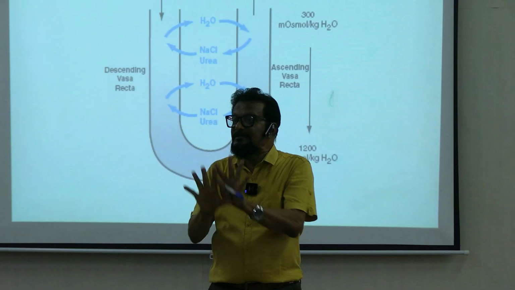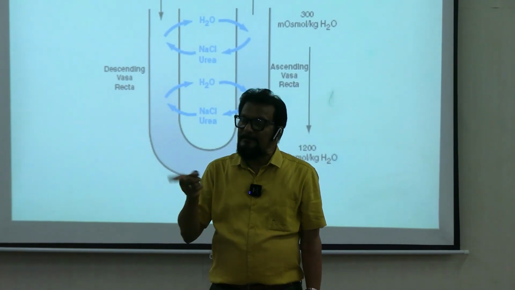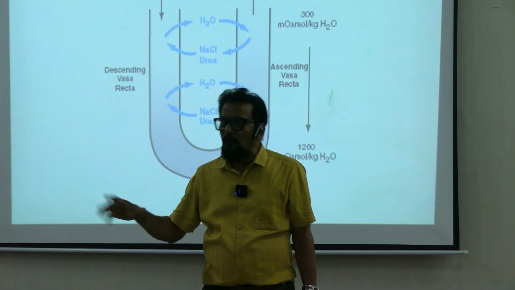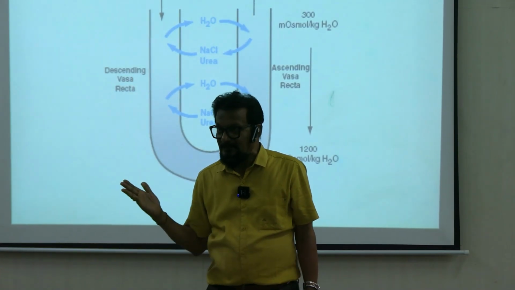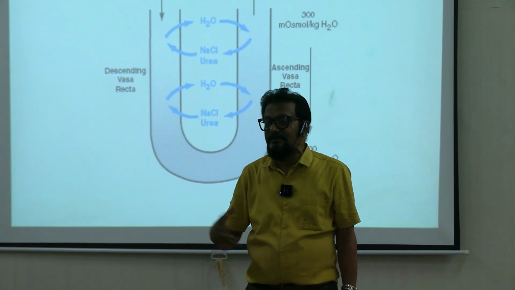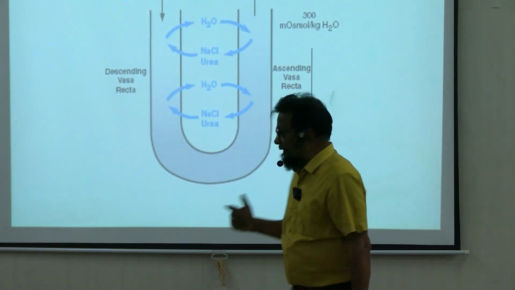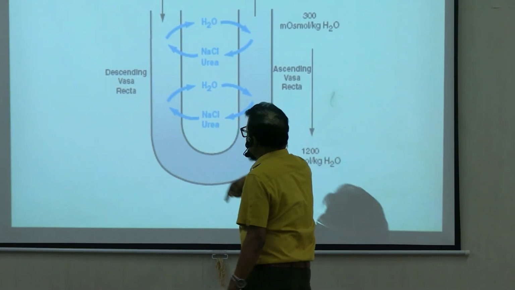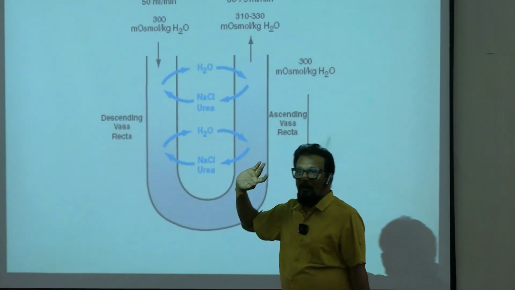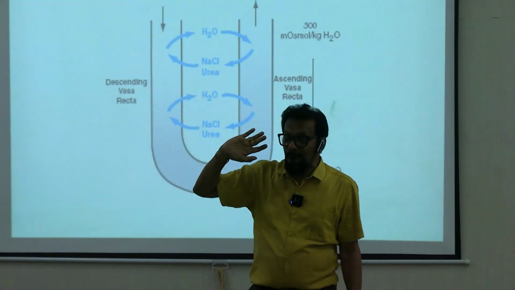There is a limit, so the hyperosmolarity created by the multiplier is maintained. We know the maximum hyperosmolarity is 1200 to 1300, not more than this. Otherwise the whole system will be non-functional. So this is the function of the exchanger, and you can see the role of urea also.